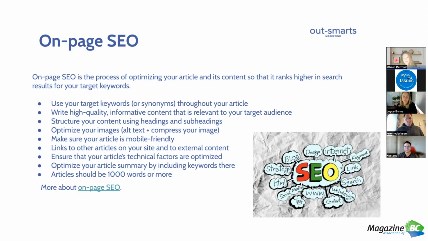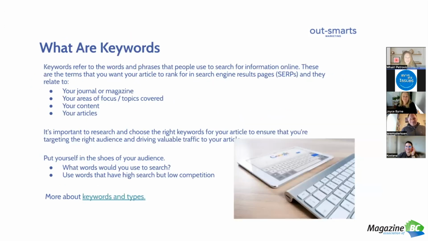But the first thing that's the most important is to make sure that you're using the right keywords, or knowing and researching what those right keywords are. So I know you're wondering, what are keywords? What does Google see as keywords? Keywords are words that are relevant to your article, and they might be words that people are searching on Google to find the content that's contained in your article.